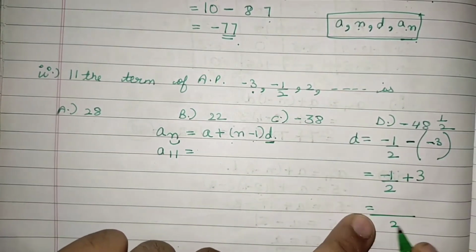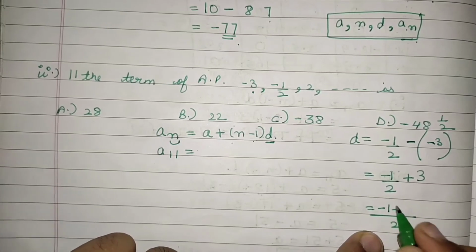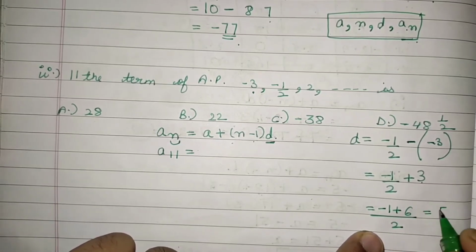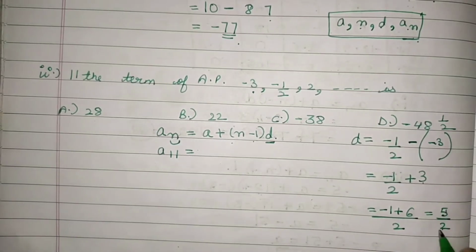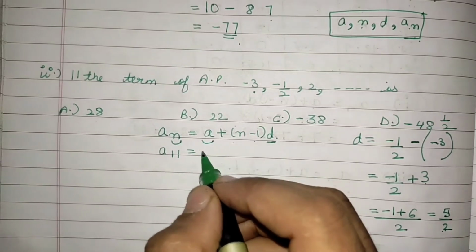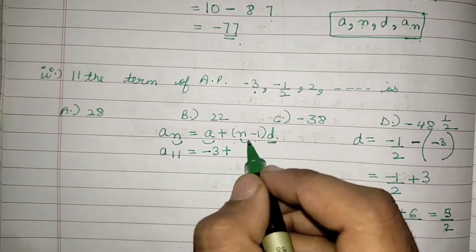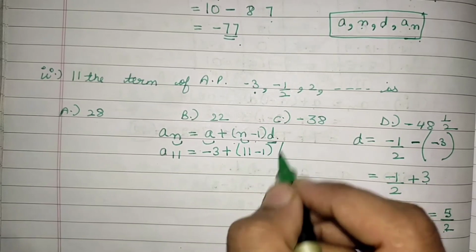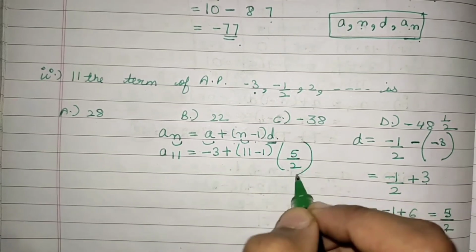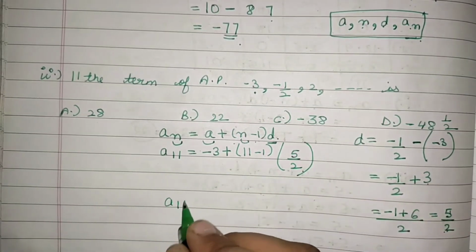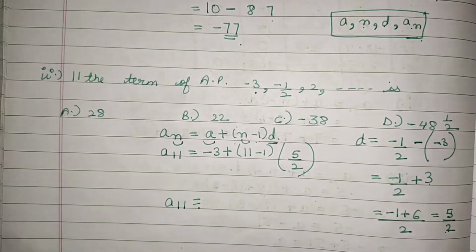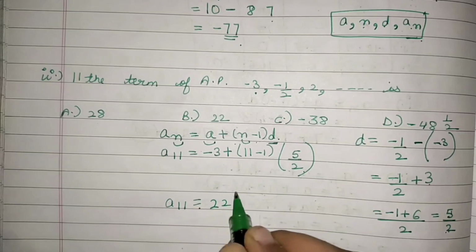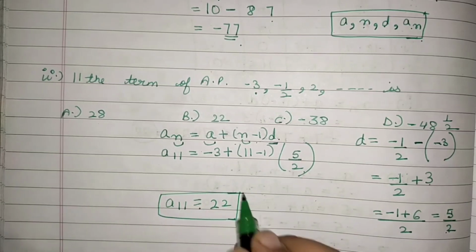So 2 will be my LCM, minus 1 plus 6. So that means my d will be equal to 5 by 2, and a is my minus 3 plus (11 minus 1) into 5 by 2. So after solving all of this, you can get your final answer, which is a_11 = 22. Okay.